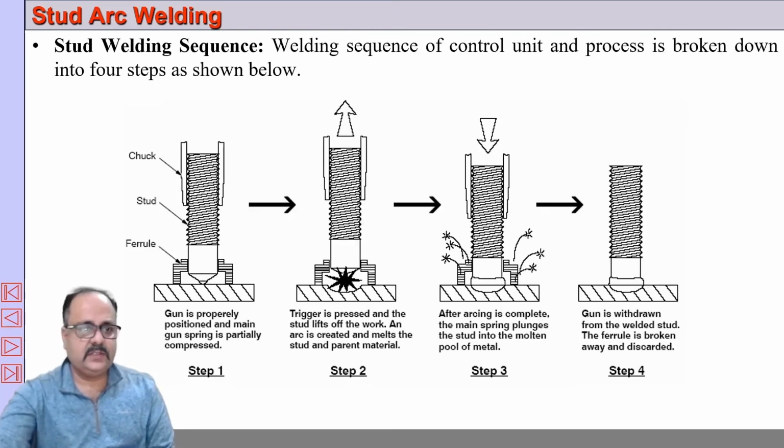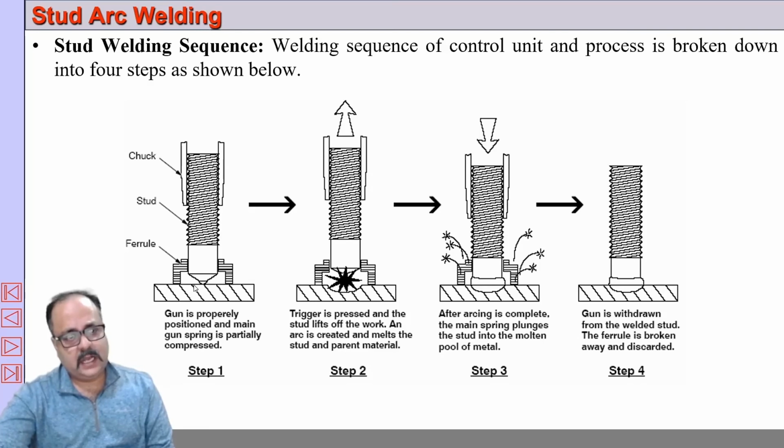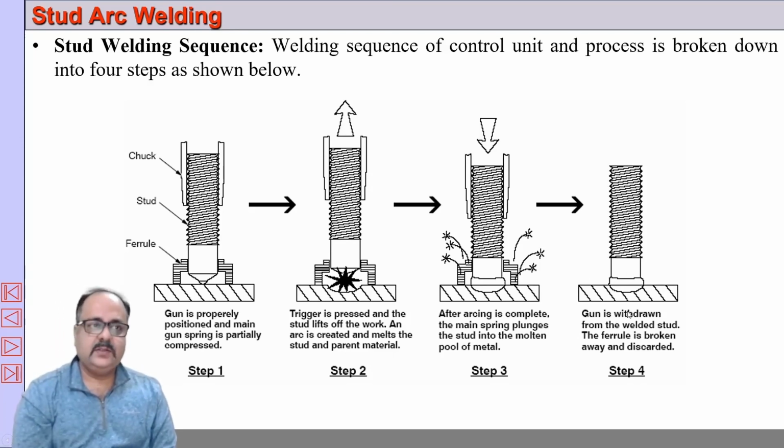In the next figure you will see this: the gun holding the ferrule and the stud, and this is the ferrule which covers the arcing. When you switch on, the arcing will start. The heat of the arc will melt the surface and form a joint, and then we remove the gun, and the stud is welded to the plate. So this is a very simple technique of welding a stud to metal plates.